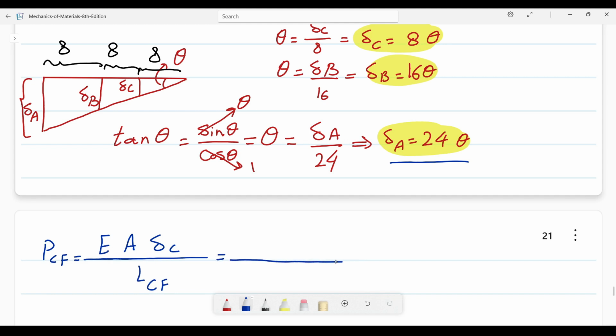We have 29 multiplied by 10 to the power of 6 multiplied by pi divided by 4, 1/16 inch to the power of 2, and 8 theta divided by 8.